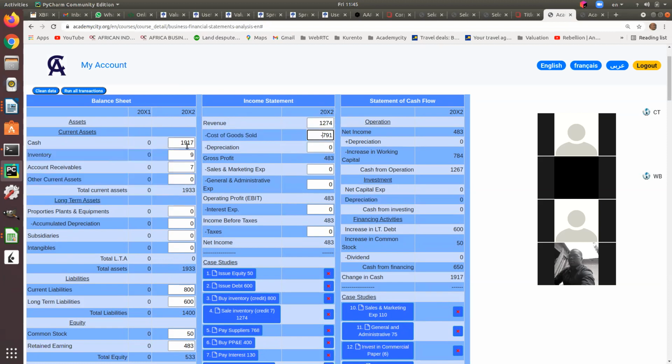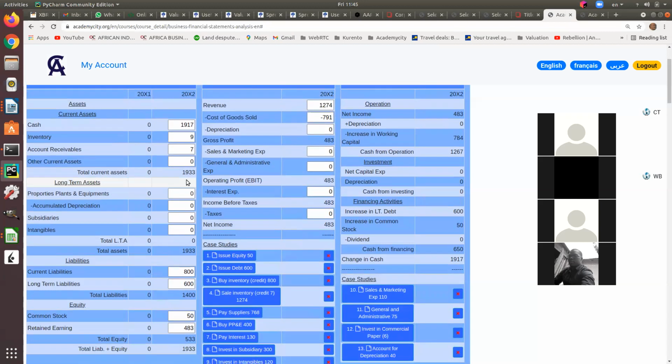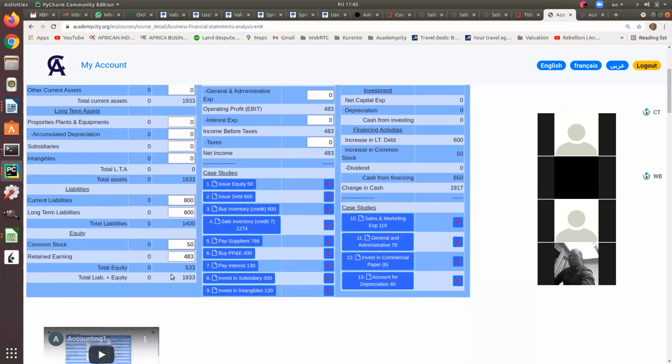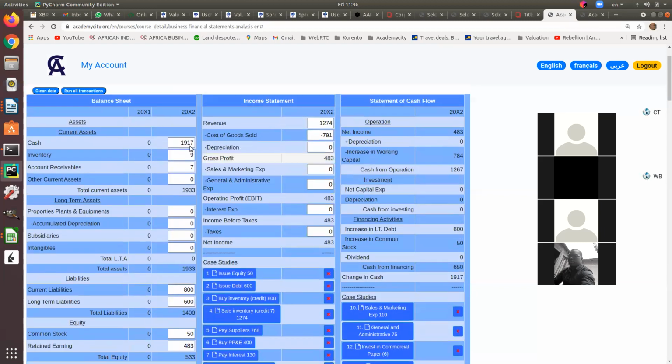Total, those three went up by 483. Now, in order for the balance sheets to balance, we must increase the equity. Why do we increase the equity? Because this increase in the asset is really a profit, and profit belongs to the owner of the company.